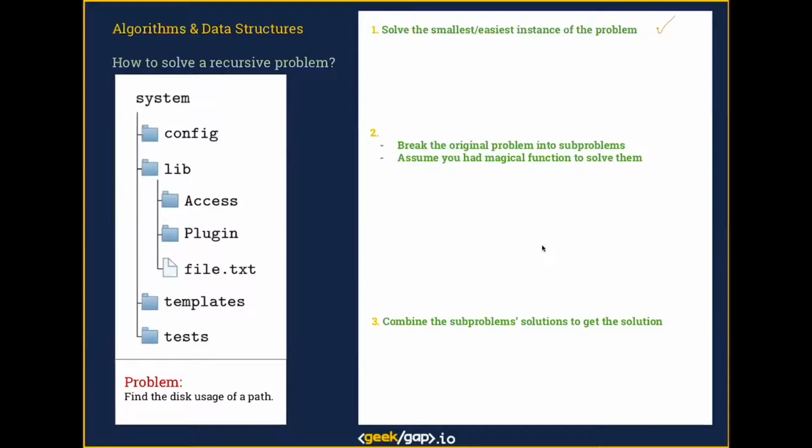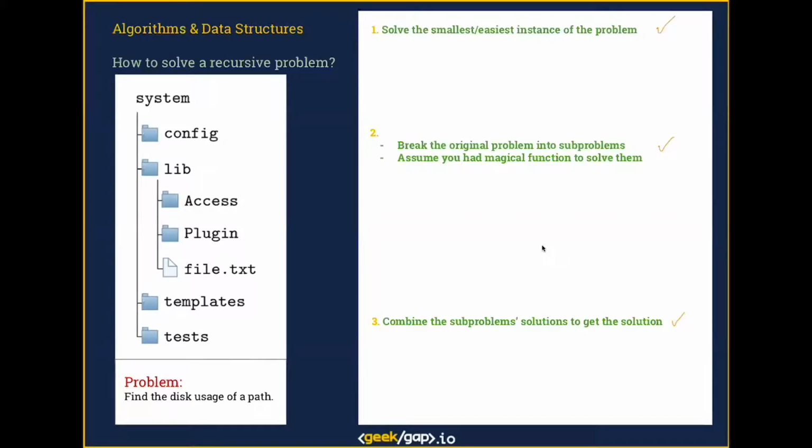Next, we want to break the original problem into sub-problems and assume somehow that we had a magical function to solve those sub-problems. And finally, we are going to combine the solutions to the sub-problems in order to find the solution to the bigger problem that we had.